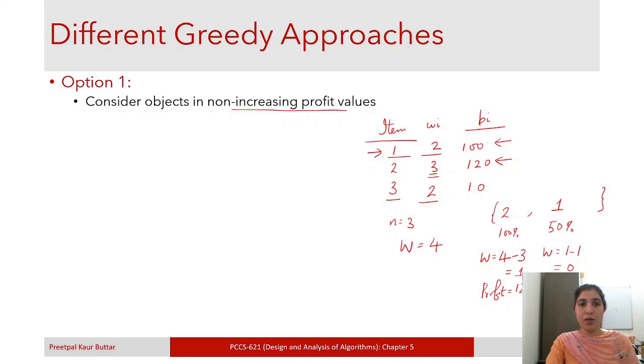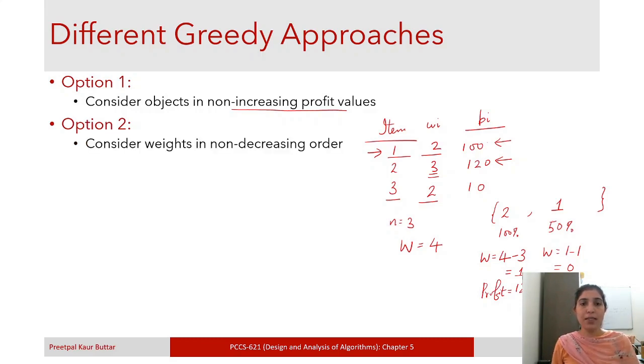Now let us go to option 2. What is option 2? Consider the weights in non-decreasing order. Now we are going according to the weights. So we will pick the minimum weight first.